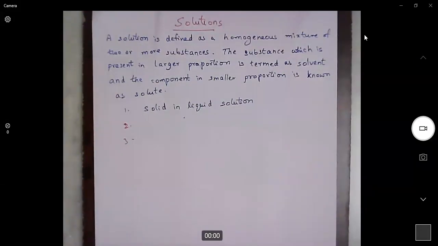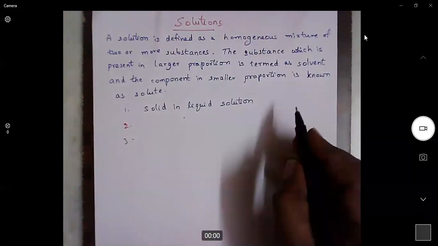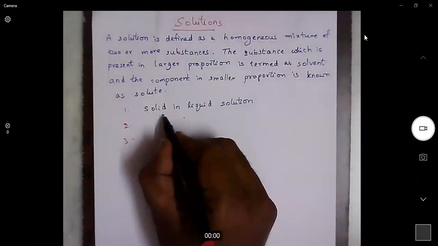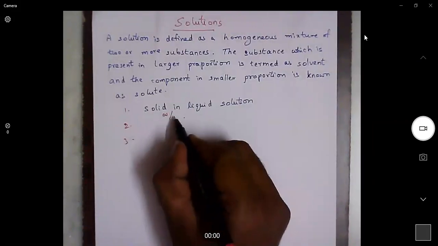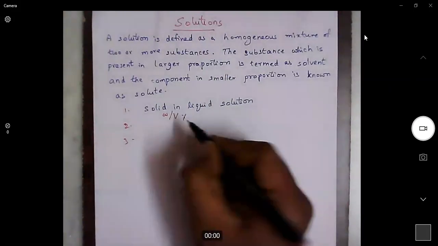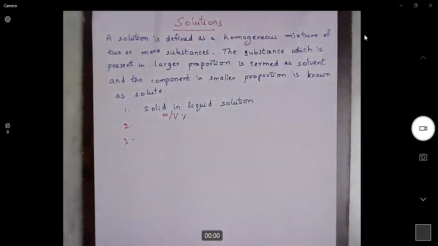Solid we measure in terms of weight, liquid we measure in terms of volume. So it is a weight by volume percentage solution.